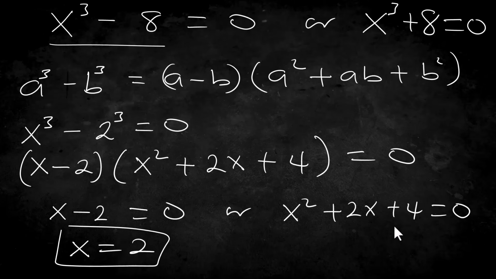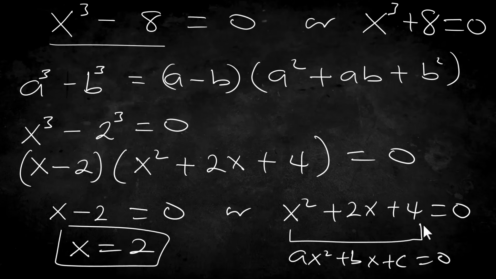Now let's consider this one and compare it with the general quadratic equation ax squared plus bx plus c equals 0. So a is 1, b is 2, and c is 4.